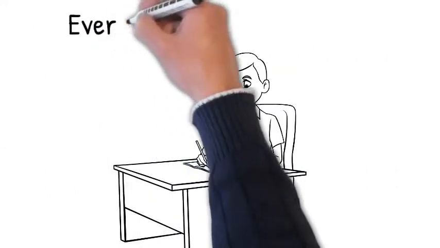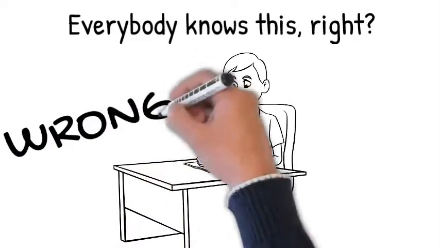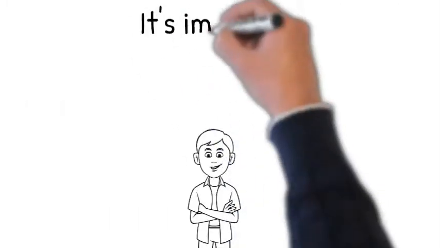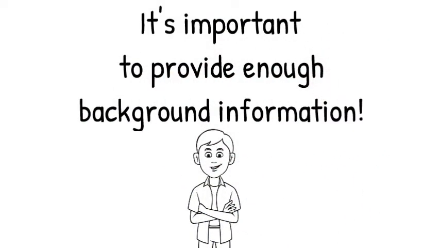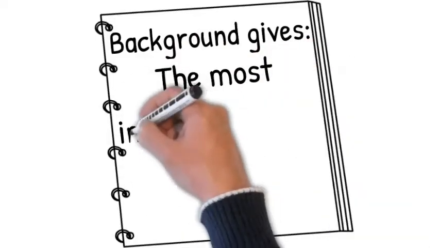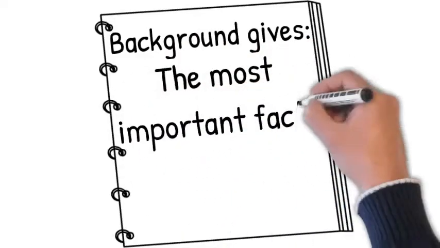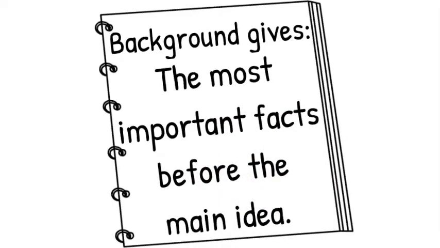Similarly, when you write, you can't assume that all of your readers will know exactly what you already know. It's important to provide enough background information. Background information allows the reader to understand the most important facts before you present the main idea or thesis of your writing.